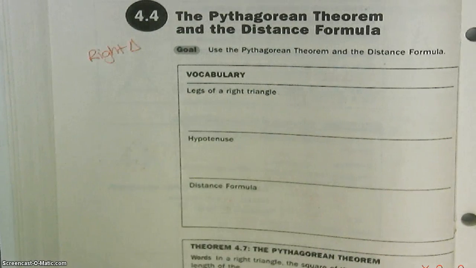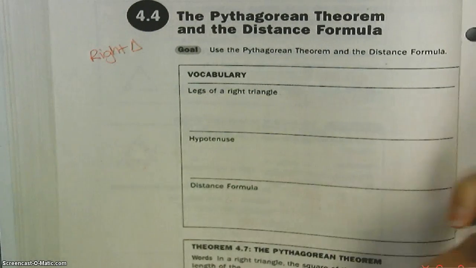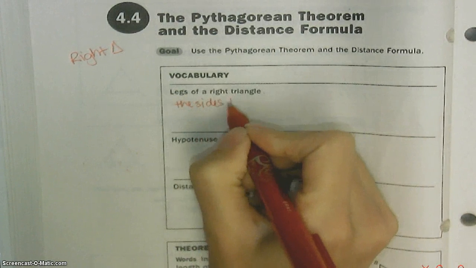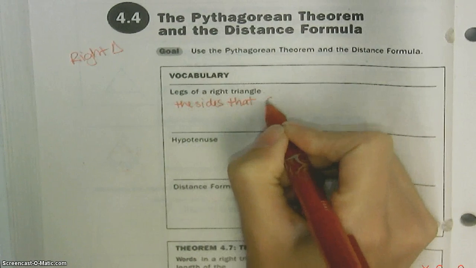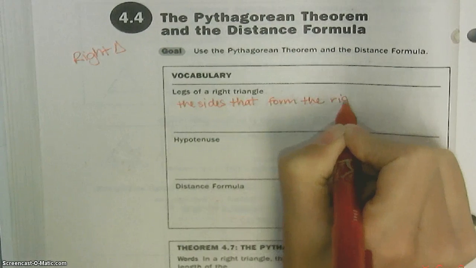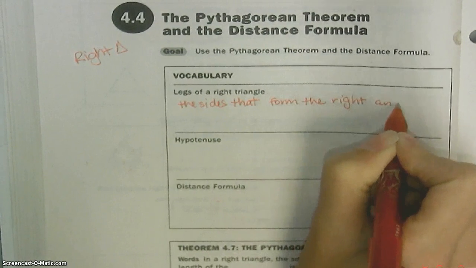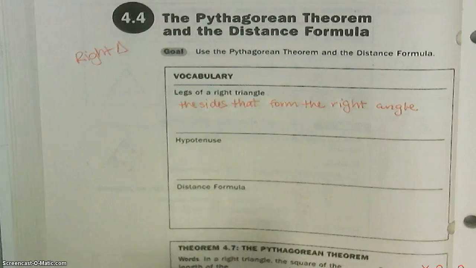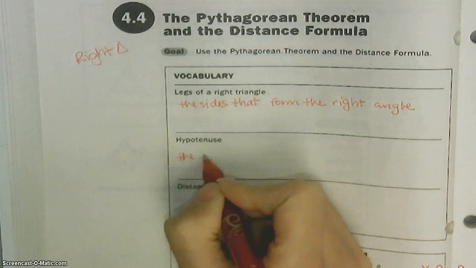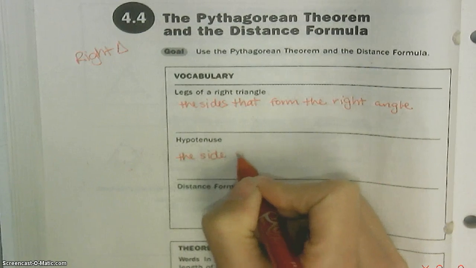This is a special scenario. The legs of a right triangle are the sides that form the right angle. So that's two of the sides. The other side is called the hypotenuse, and that is the side opposite the right angle.